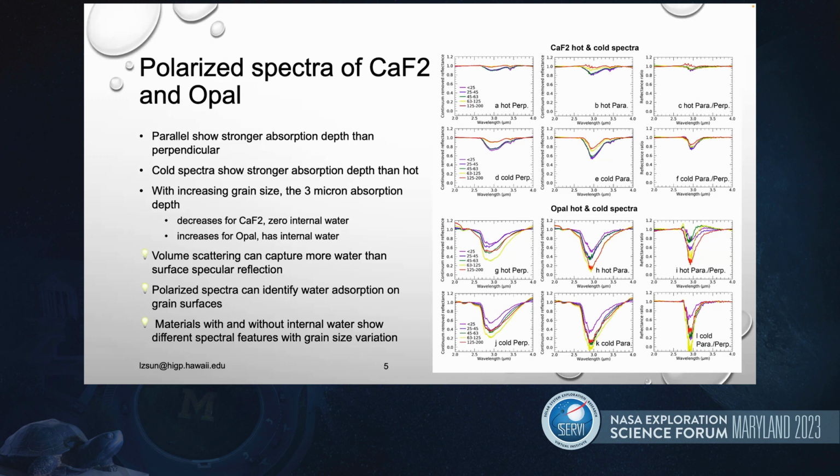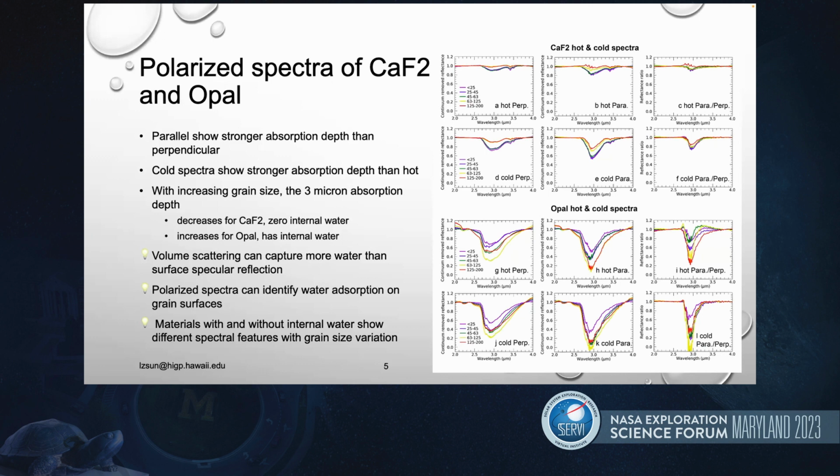We think that for calcium fluoride, this increase in 3 micron absorption with decrease in grain size is because the surface area to volume ratio for smaller grain size is larger than for the large grain sizes.